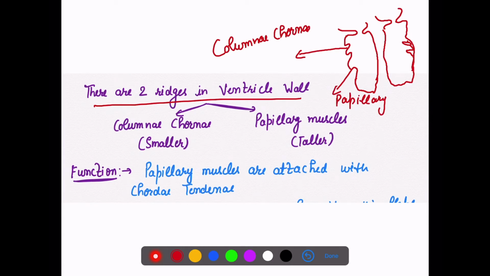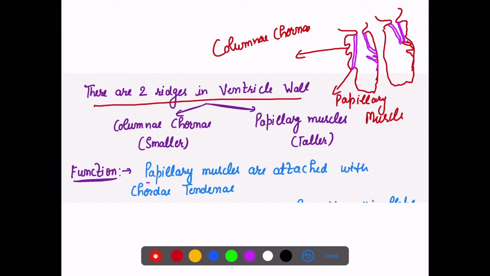And these large ones you have to attach to our valve. Here also there are smaller and larger ones. These larger ones are attached like this to the valves, these are valves of our mitral valve or tricuspid valve.